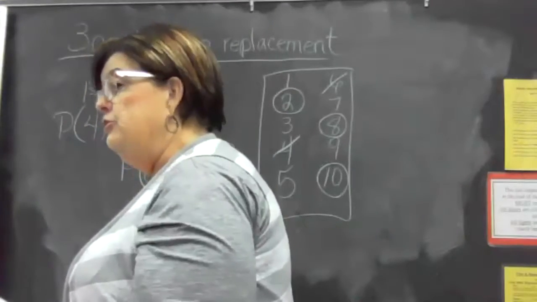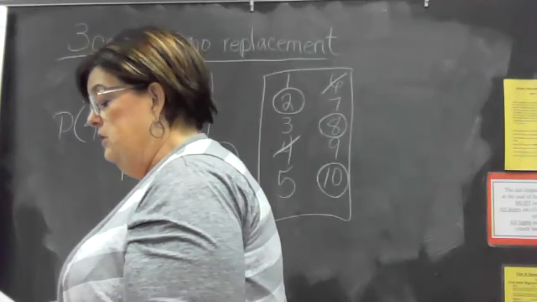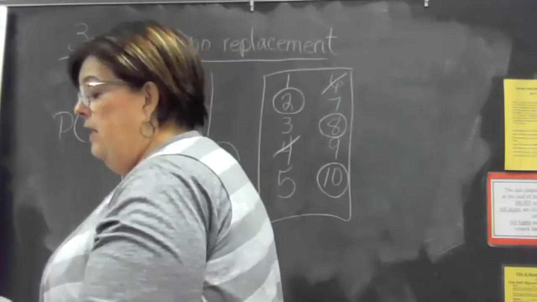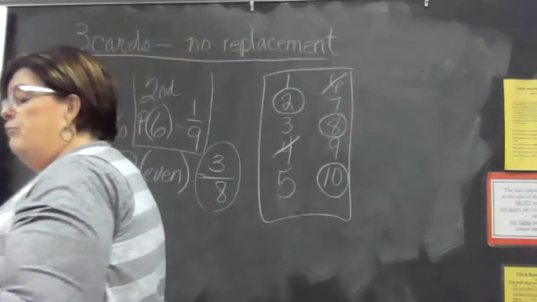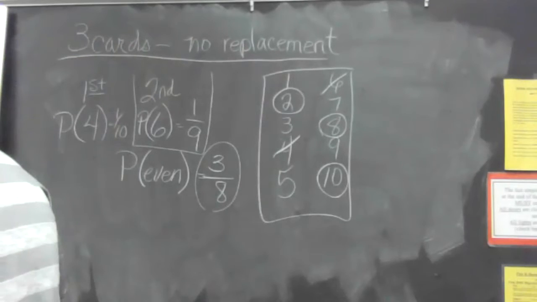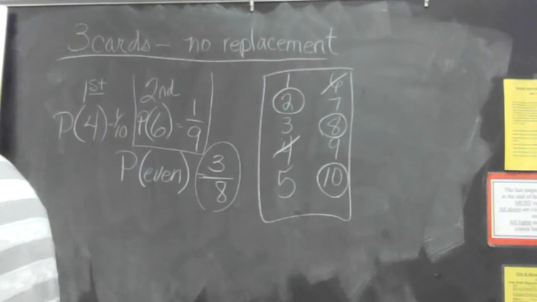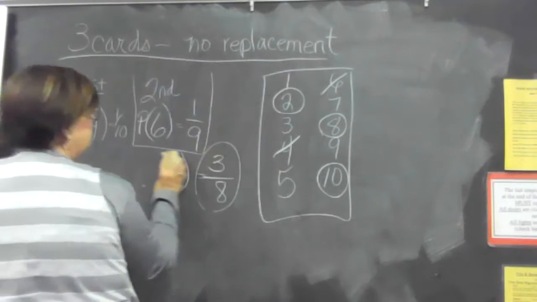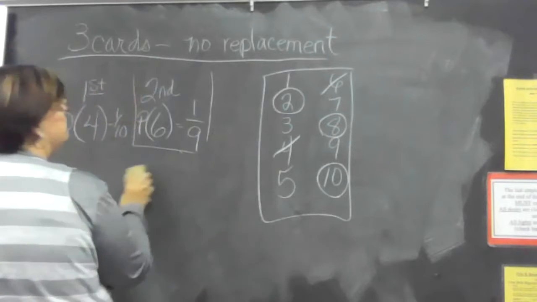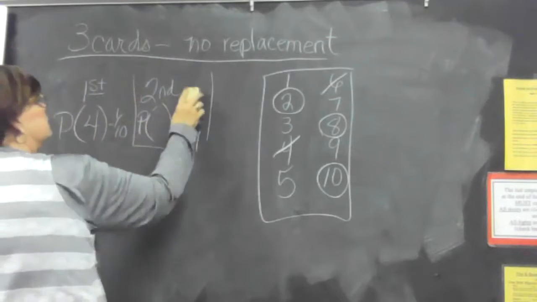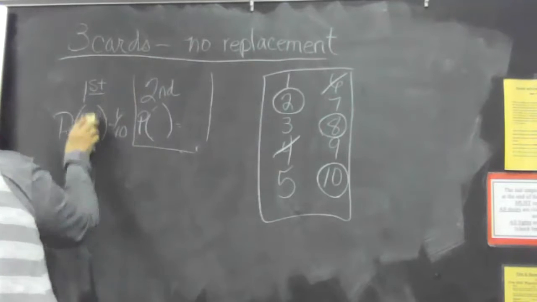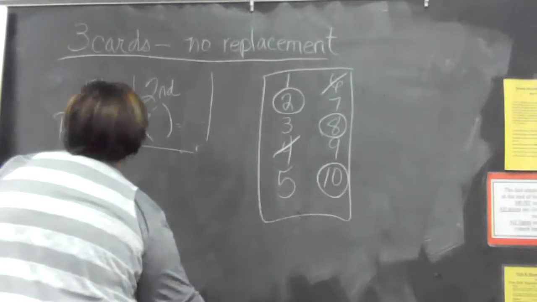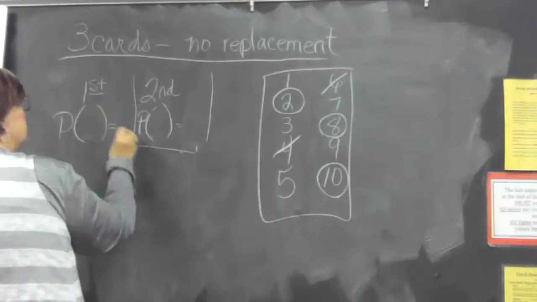Okay, now, number 2 tells us if the conditions are the same here, find the probability of choosing a prime number on both the first and second draw. They're not even talking about the third draw. They just want the first and second, and it has to happen on both of them.